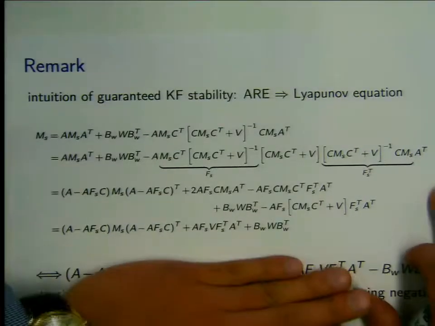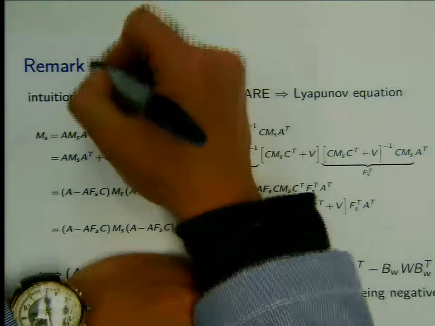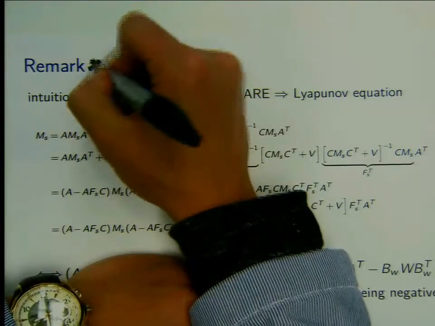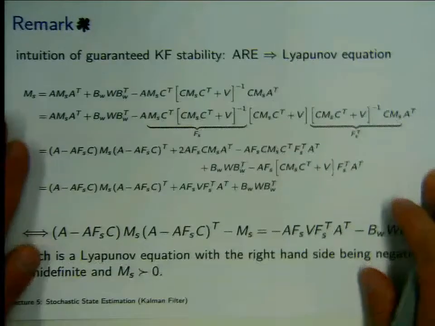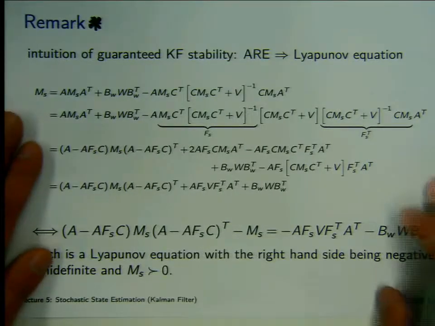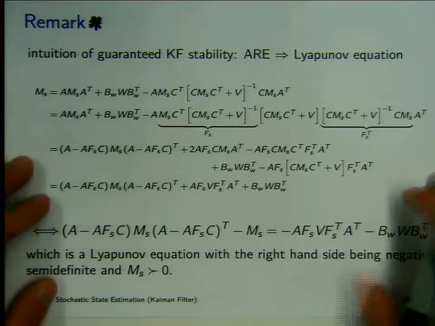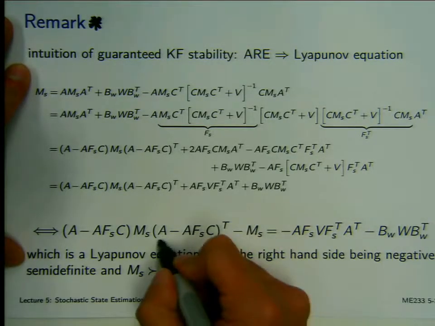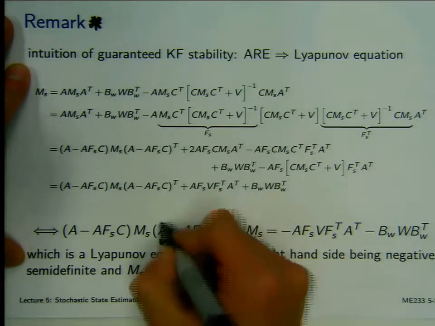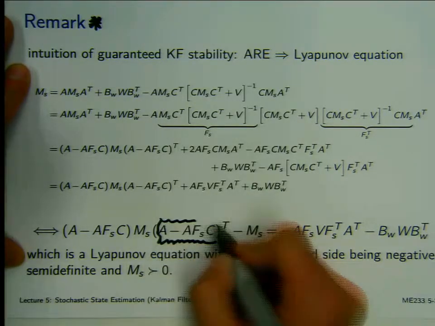This slide is not really that essential. The main idea is like we have stated. I didn't prove this.